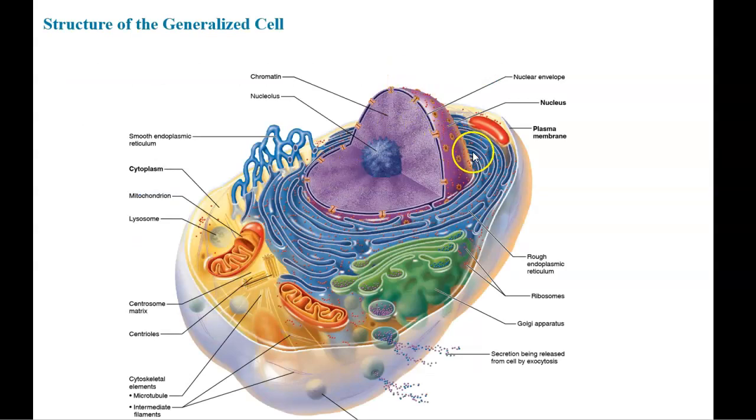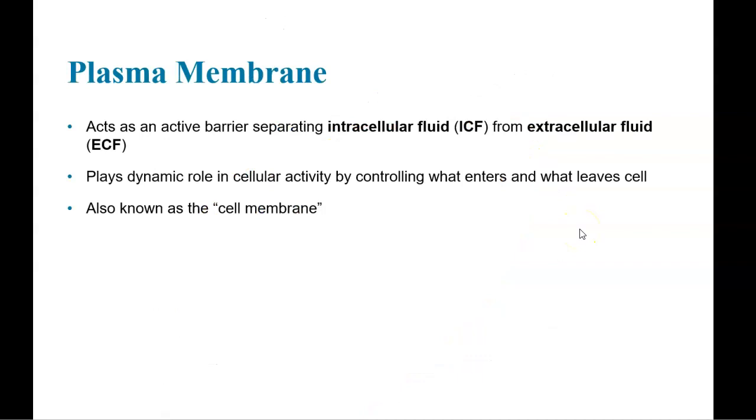Okay, so here is just a diagram of a cell. We're mainly going to focus on the plasma membrane, or the cell membrane here. And we're going to look at the different types of proteins that you can find on the plasma membrane, proteins and some lipids. The plasma membrane acts as an active barrier.